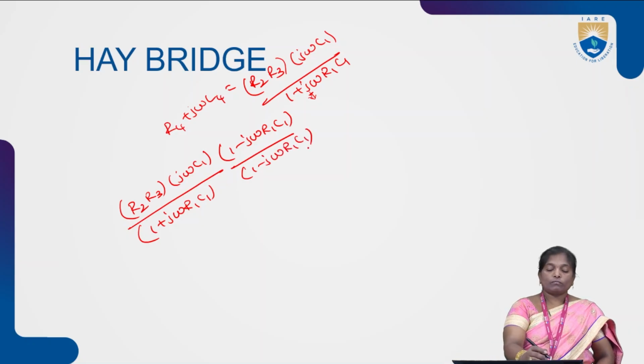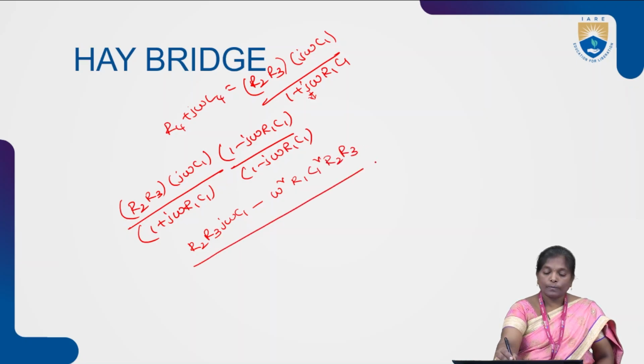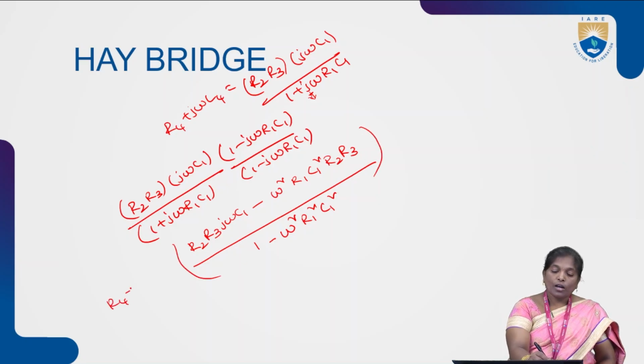Now we have R2 R3 J omega C1 minus omega square R1 C1 square R2 R3 by 1 minus omega square R1 square C1 square, which is equal to R4 plus j omega L4.